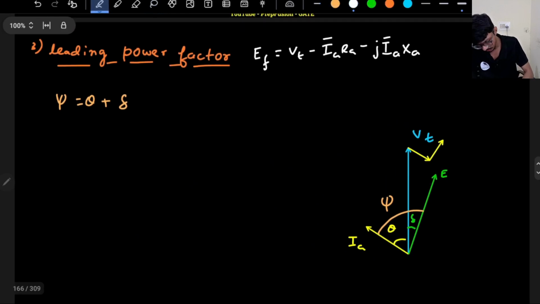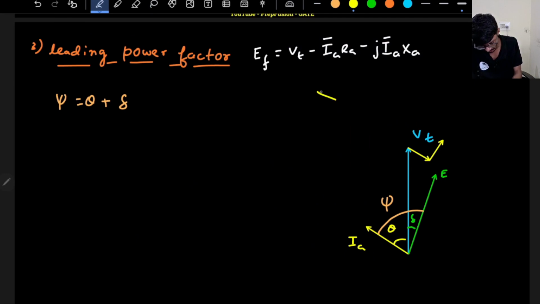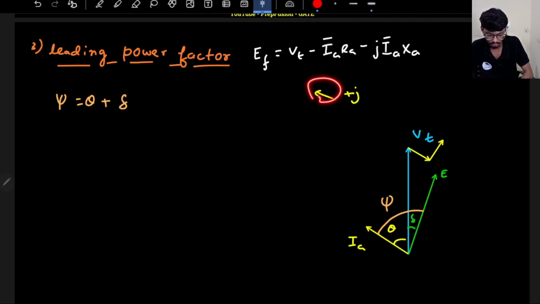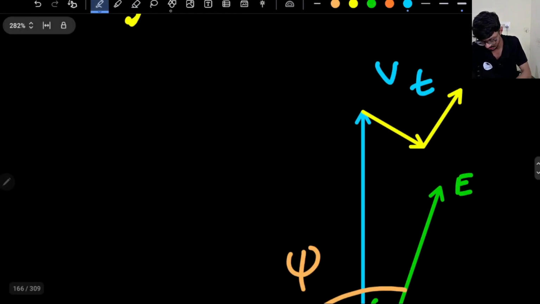Basically my I_a direction is in this direction, right? If I am multiplying plus j, it tells me to rotate this vector in the anti-clockwise direction by 90°. That means this will be plus j. But if I am multiplying minus j, that means rotate this vector in the clockwise direction. So that's why this direction is here. Please understand the phases very well.